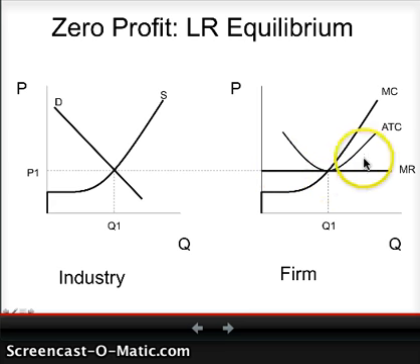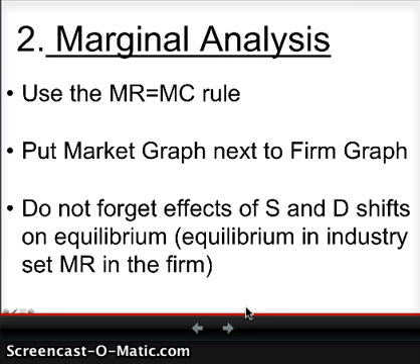This is going to be Bob's break even, zero profit. The interaction between the ATC and the quantity and price set is going to set our profit levels. We'll deal with that in a different video. So this is what your side-by-side graph is going to look like. Back to this: MR equals MC rule, market graph next to the firm graph, and so on.